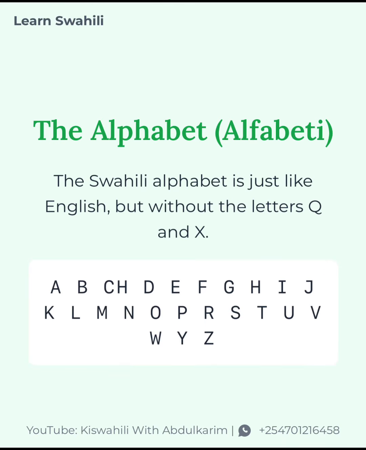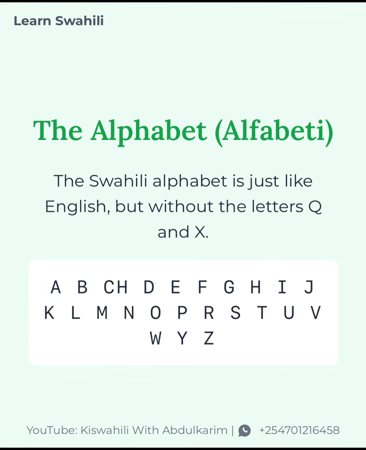Apart from these alphabets that are outlined here, we also have other combinations such as DH, which is a combination of D and H, pronounced dha. Also, we have a combination of T and H, and it is tha. We have a combination of N and Y, and it is nya.